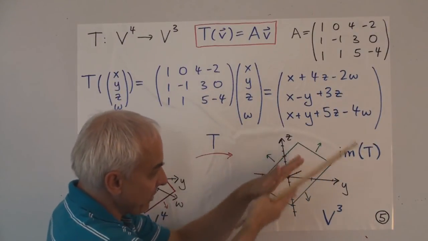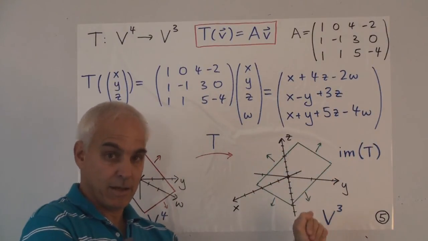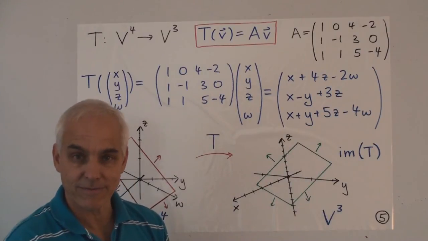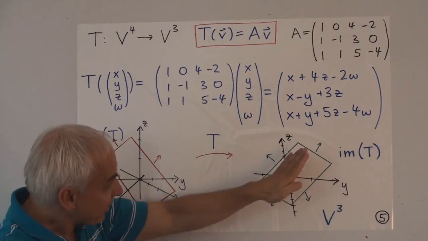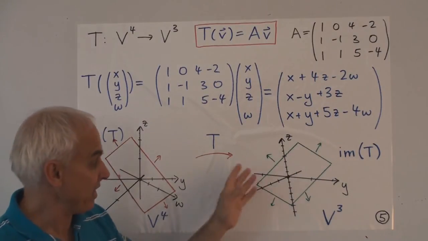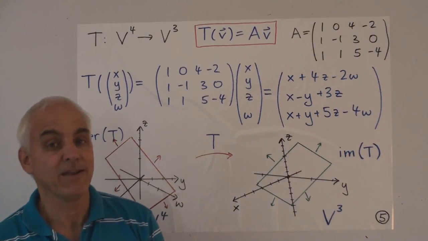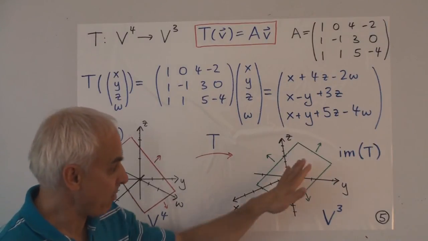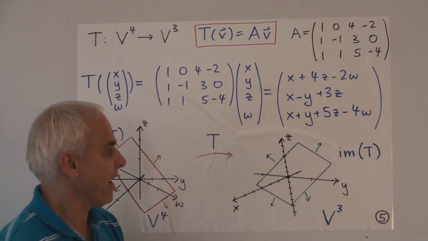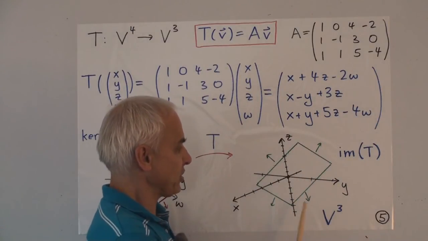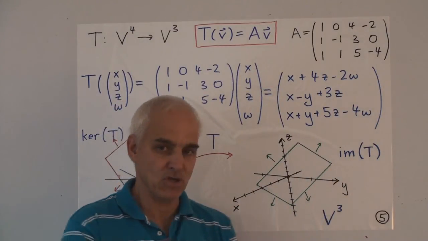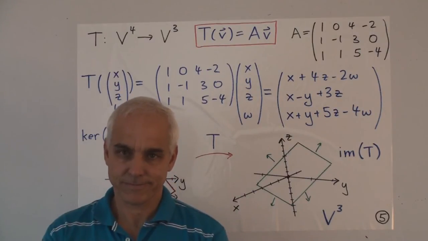But maybe the vectors that we get over here are not the whole space, but just some portion of it. We'll see shortly that that's in fact what happens. And the vectors over here that are in the image actually form a plane as well. It's now a plane in the three-dimensional space, and that plane we represent with this little rectangle, also going in different directions, and that's the image of the transformation.